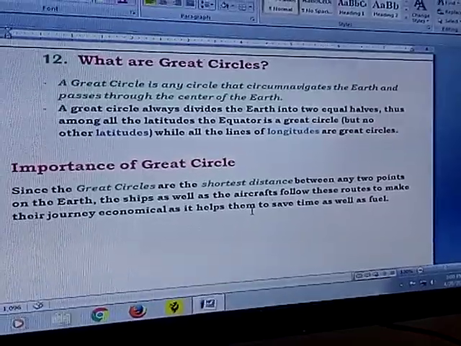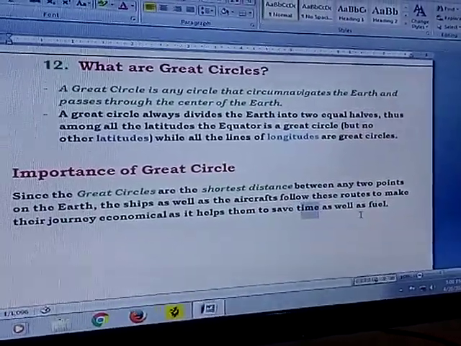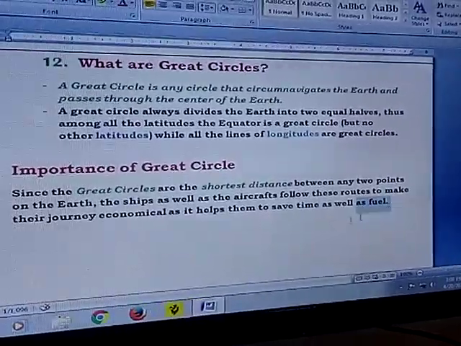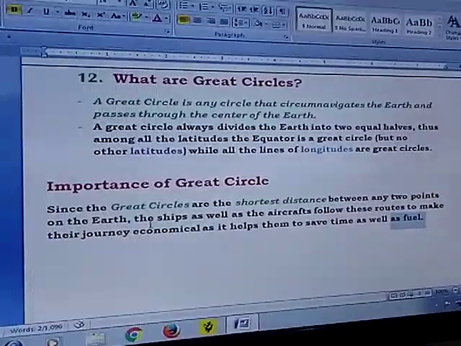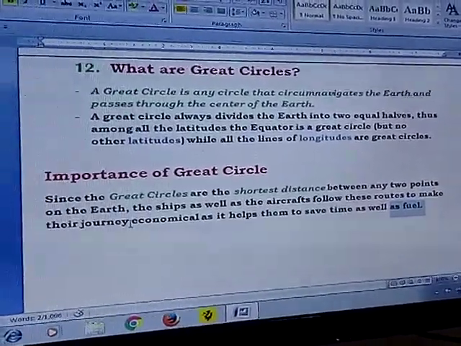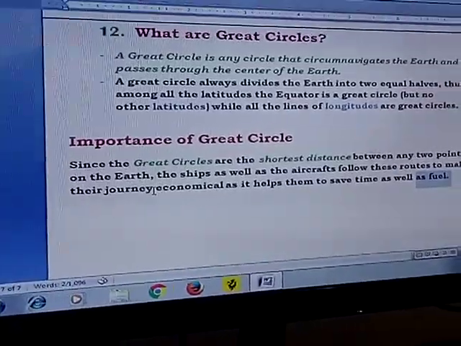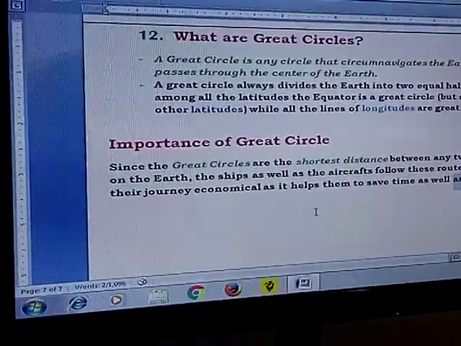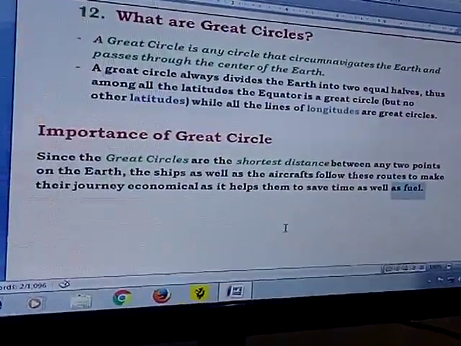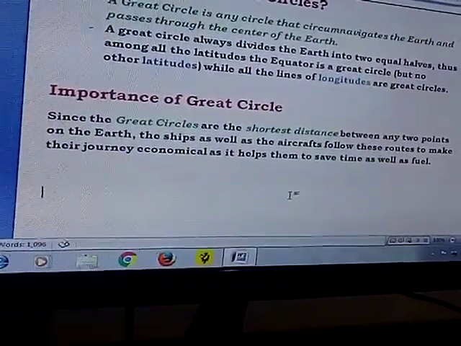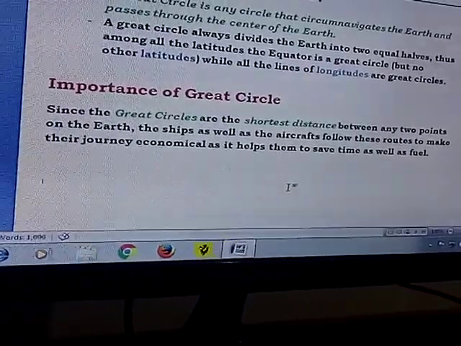It means it saves their time as well as fuel. And that is why the great circle is important. The navigators, that means the people who are on a ship going from one place to another, and the aviators, the people who travel through aircraft, can also go from place to place.